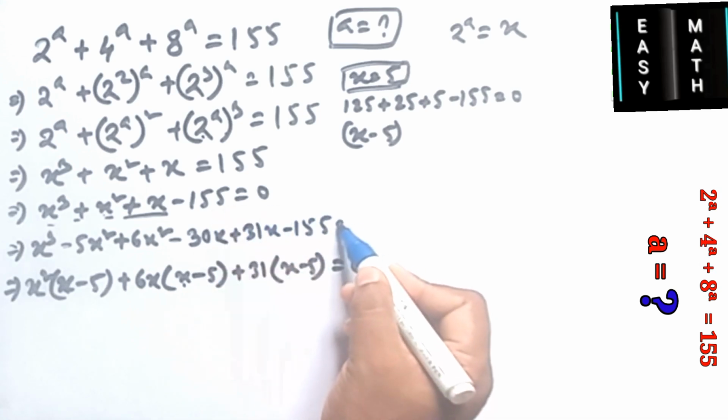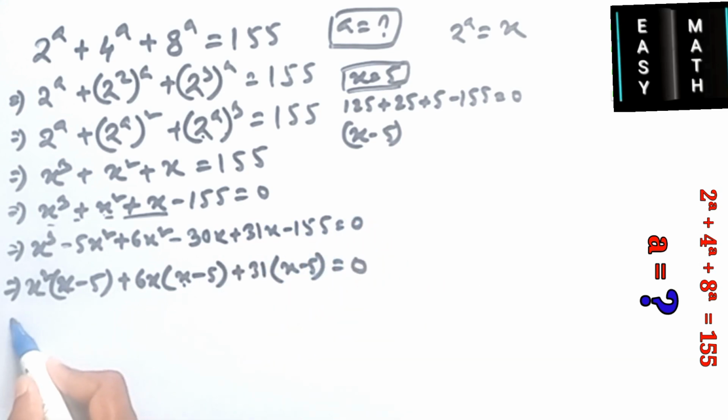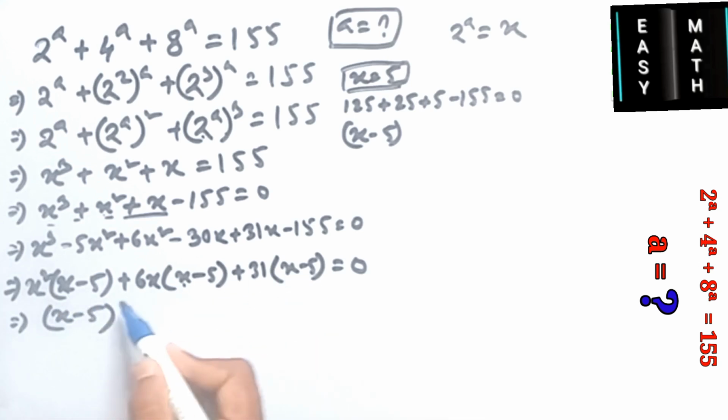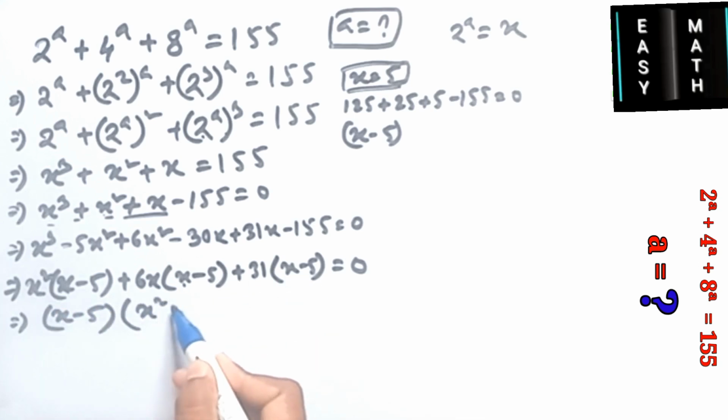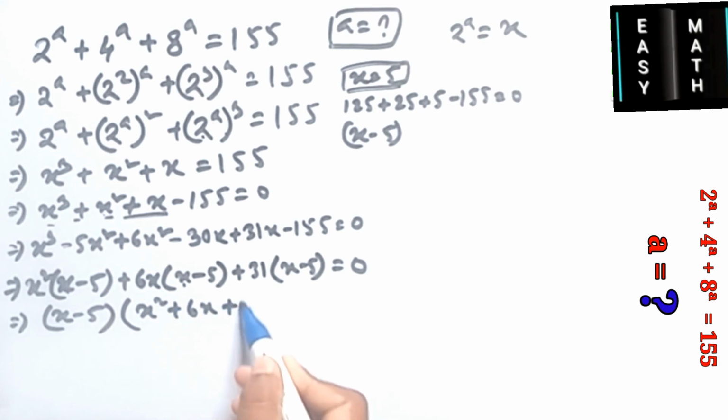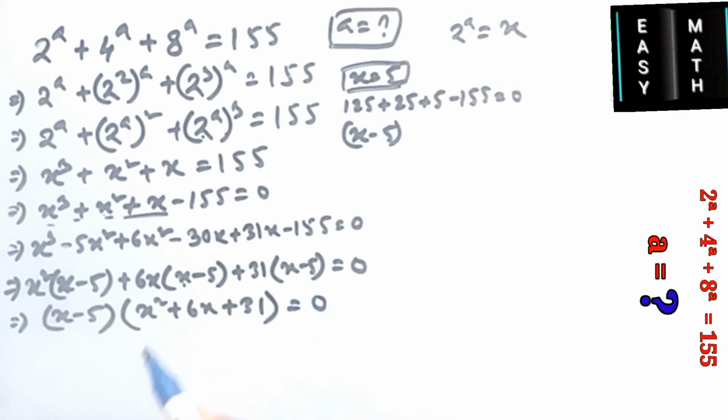So this is satisfied. So this is x minus 5, take the common, and another is x square plus 6x plus 31. This is 0. And now we get x minus 5 is equal to 0. So we get x is equal to 5.